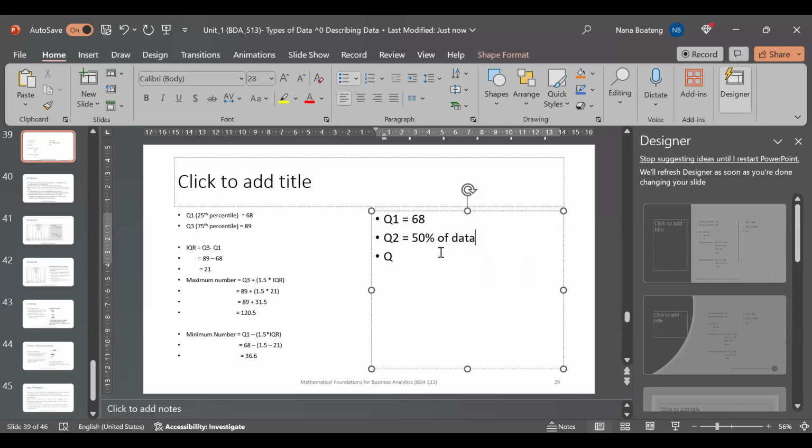So we need to count and then look at the median in that case. I think it will be 77 or something. Let me just write 50% middlemost number. Per the data, what is the median?